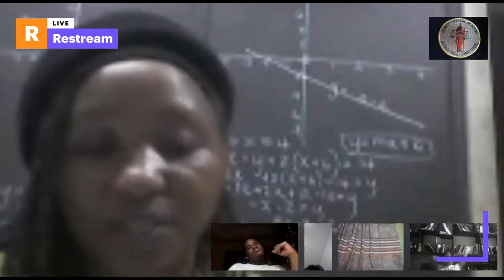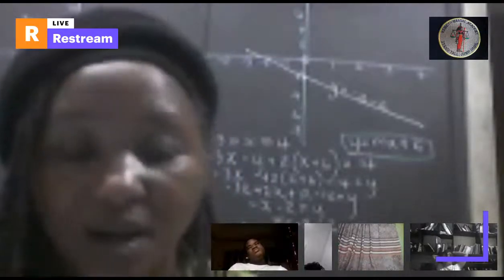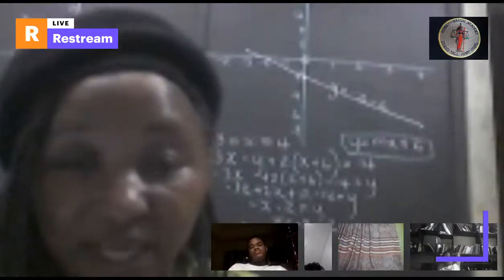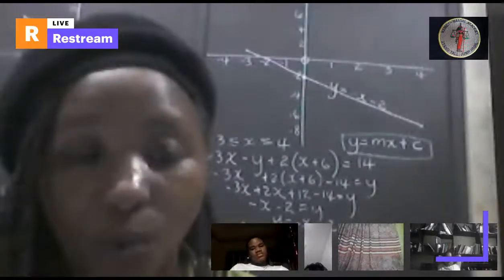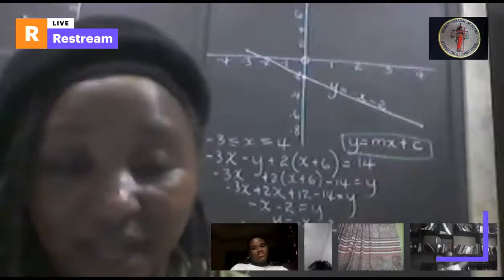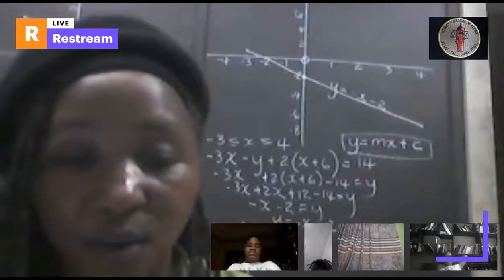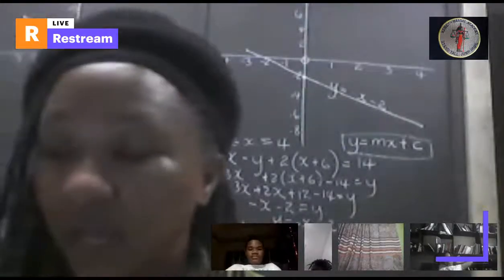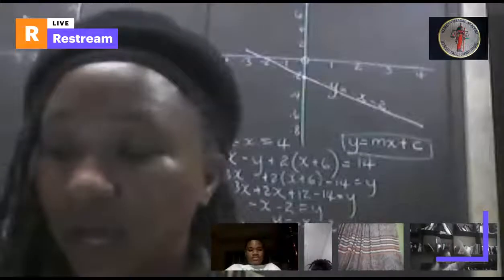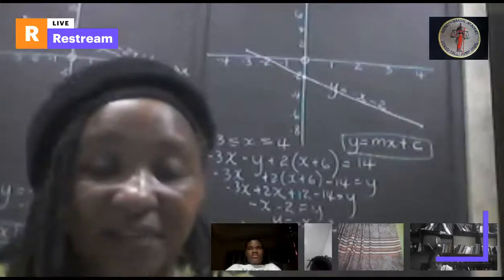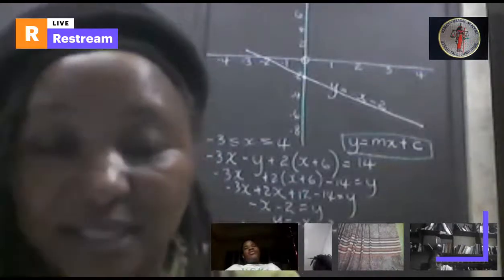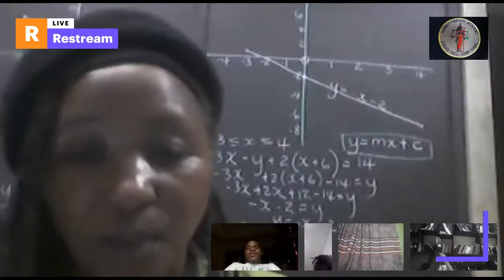First of all, we need to make sure it's in the format of y equals mx plus c. It must be in that format first. With the y on the left and everything else to the right, with the x coefficient and the constant term at the end. Okay? When it's in that format, what does the constant term tell us about the line?